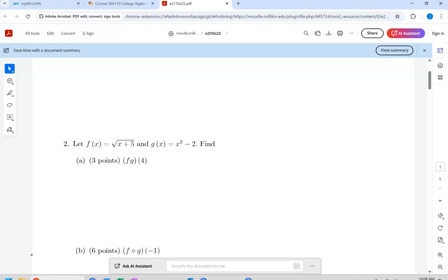Again, this is more of a reminding of what's going on with these things. If we write f times g of 4, that means do f of 4 times g of 4. When you write f circle g of -1, that means do f of g of -1, right? That's not multiplication. That's composition.